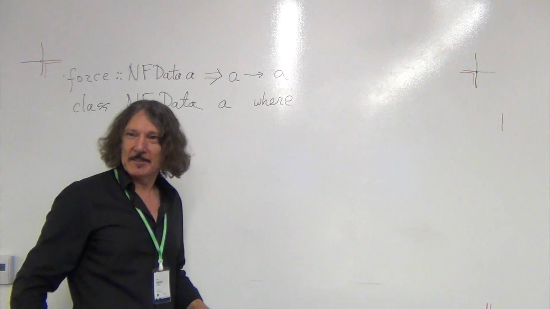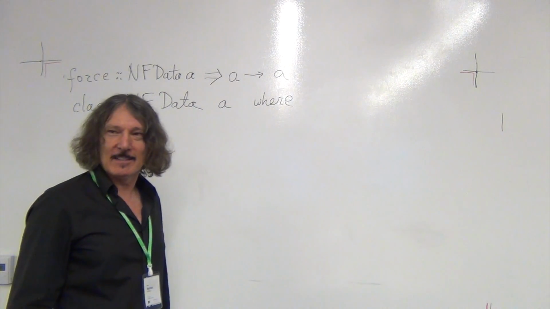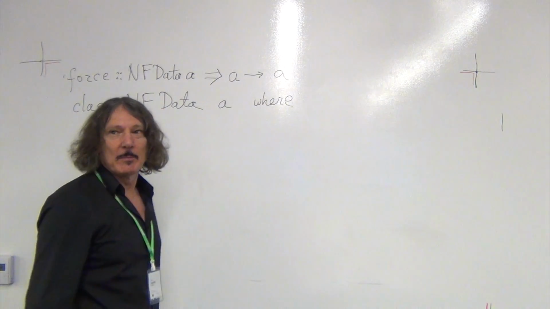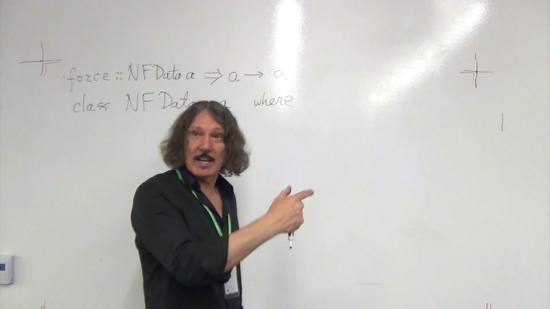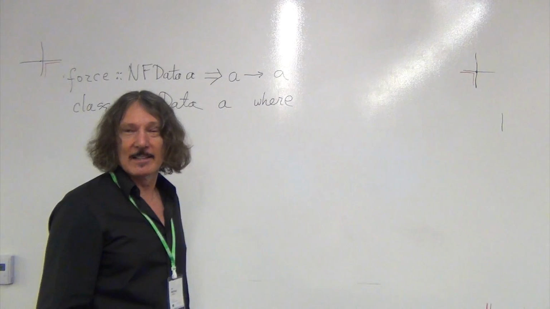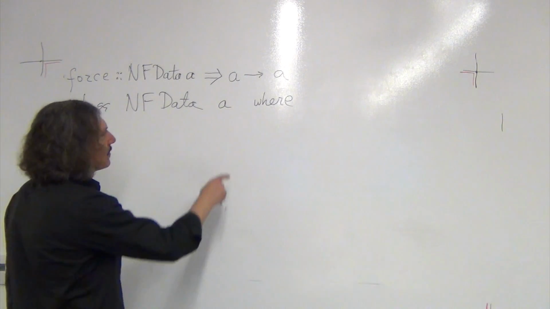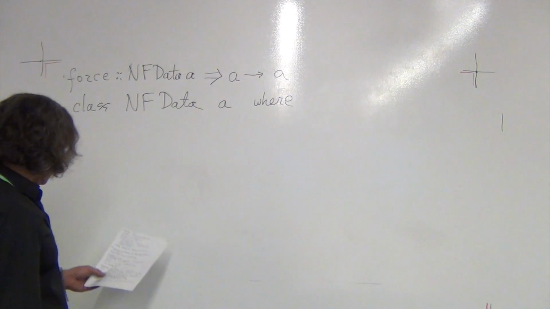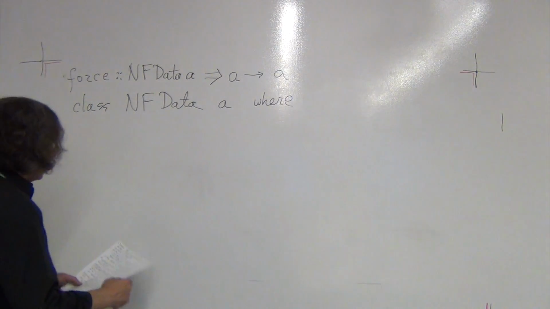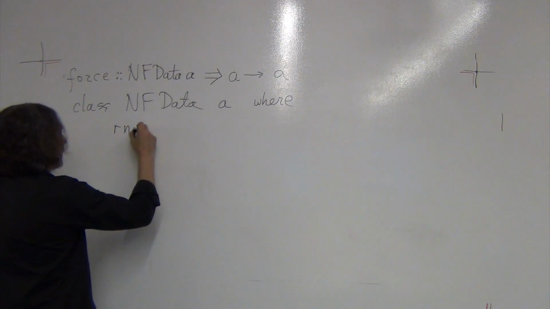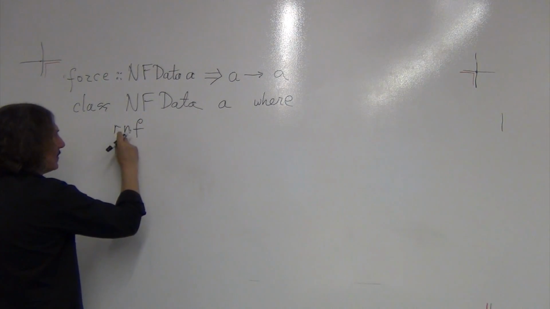This is just a regular class that's been used in Haskell for a long time. It's just a type. A particular type belongs to this class. Unlike Monad or Functor, which were type constructors belonging to a class, here it's just a type. And it has just one function, rnf, reduce to normal form.